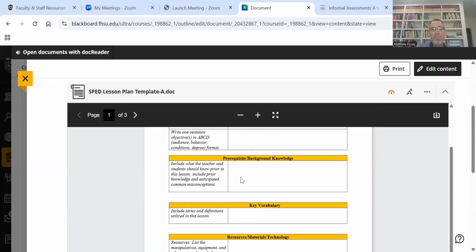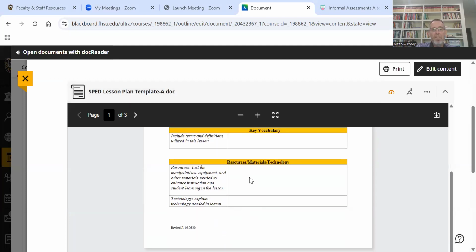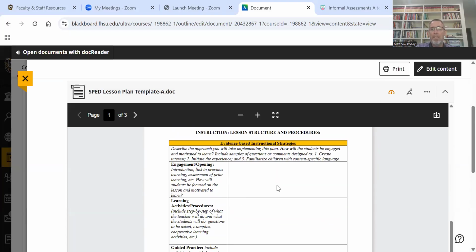You'll go right down through and put information in each one of these blocks that are available in the lesson plan. And you're going to submit all of them for your assignment when it's due on Sunday night.